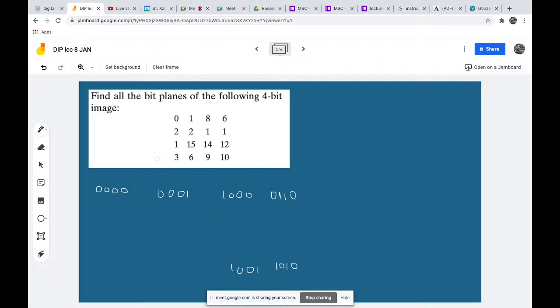Now tell me, we have to find the bit plane. So let me find the D0 bit plane. D0 means it's the least significant bit plane.